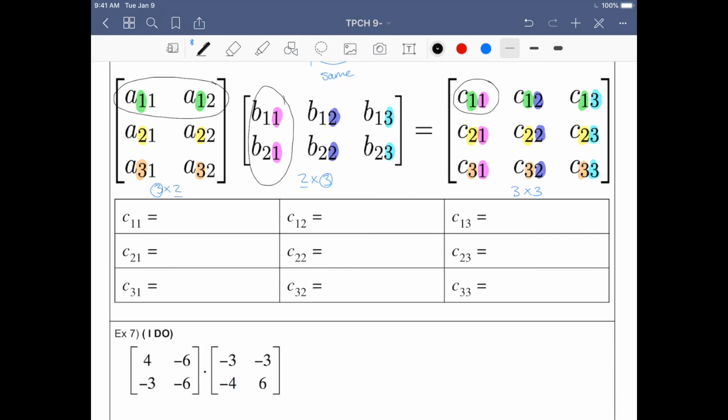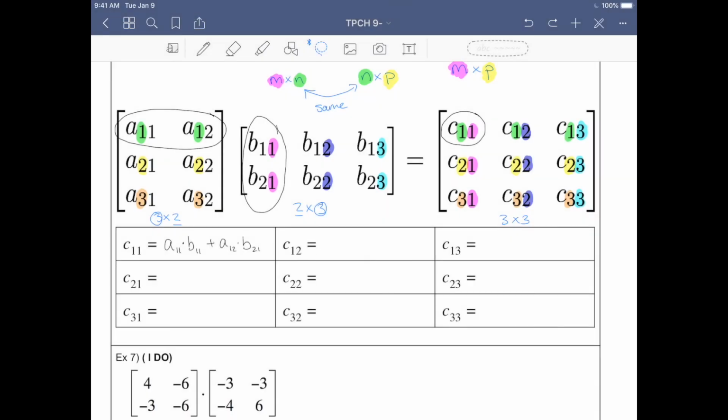So notice in matrix A, I highlighted row 1 green, and column 1 in my matrix B is pink. And so that is where I'm going to be in my matrix C. The calculation we have here is A11 times B11 plus A12 times B21, and that will end up in our C11 spot.